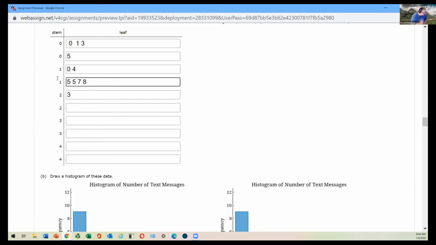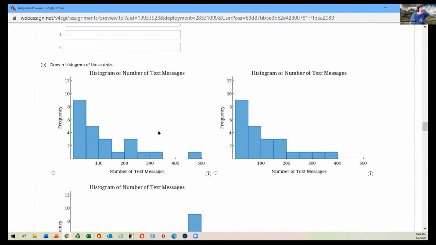Okay, are we comfortable that's what your stem and leaf should end up looking like when you're finished? Now, once that stem and leaf is drawn, if you imagine it being rotated, won't it look like one of these histograms?